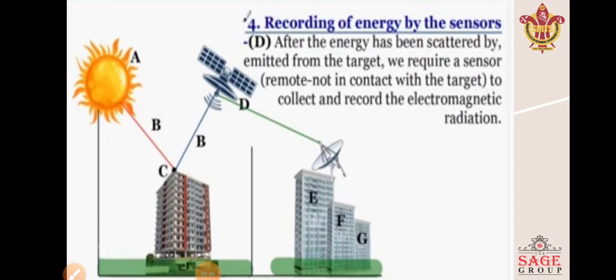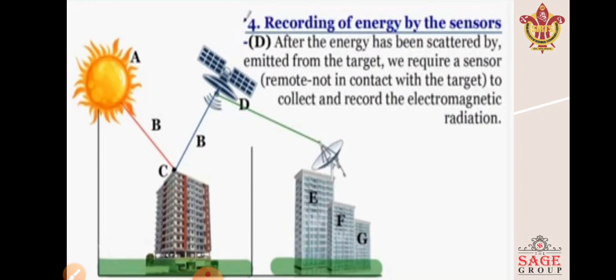Next step, recording of energy by the sensor, that is D. After the energy has been scattered or emitted from the target, we require a sensor, remote and not in contact with the target, to collect or record the electromagnetic radiation. These are sensors which record the electromagnetic radiation. There are two types of sensor. First one is active sensor and second is passive sensor.